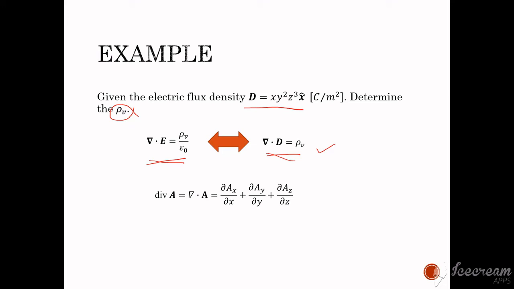Later on we will take the divergence and substitute the D over here, and after you take the divergence of vector D, which is the electric flux density, you can get the volume charge distribution.